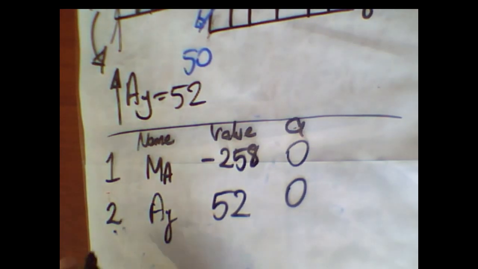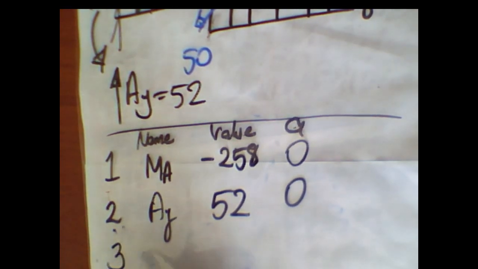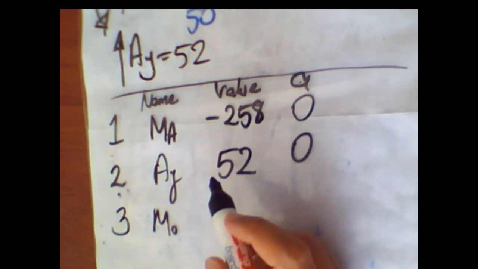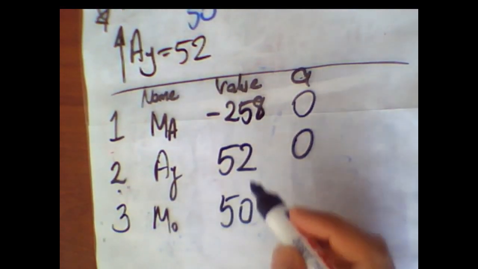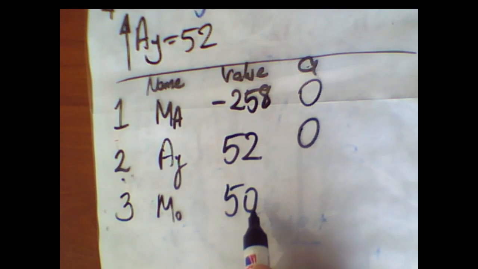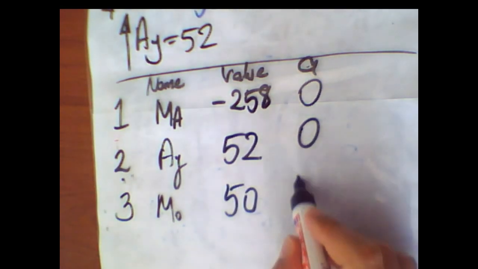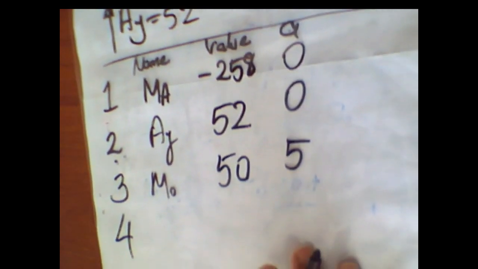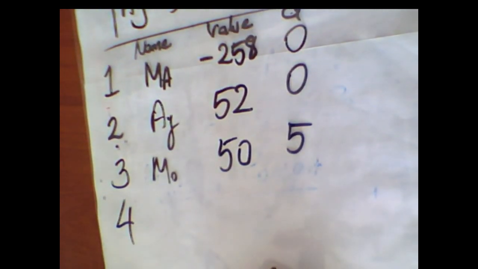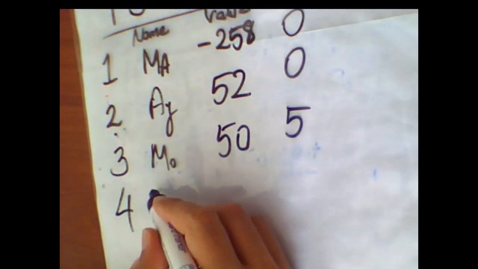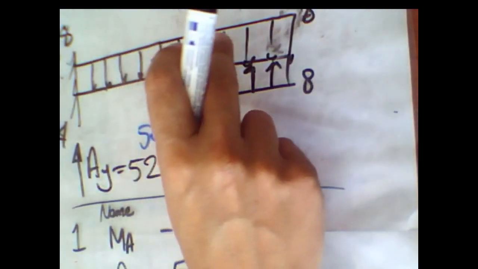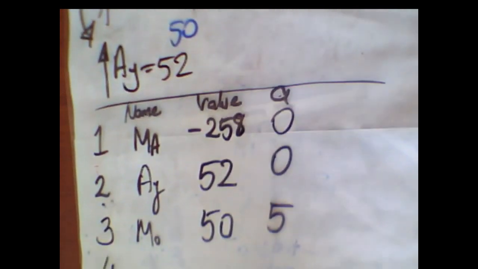The third one is the moment. I want to symbolize it as M0. The value is, you remember, the 50 is in the clockwise direction, therefore I write positive 50. Location is 5. The fourth one is the first distributed load.